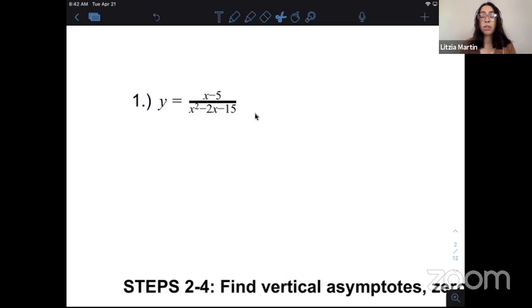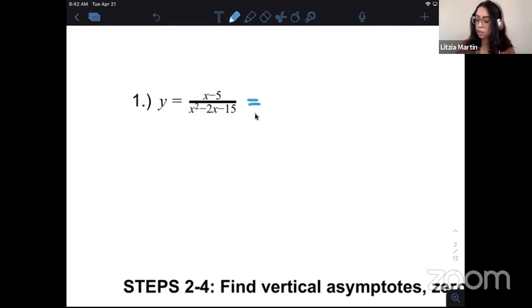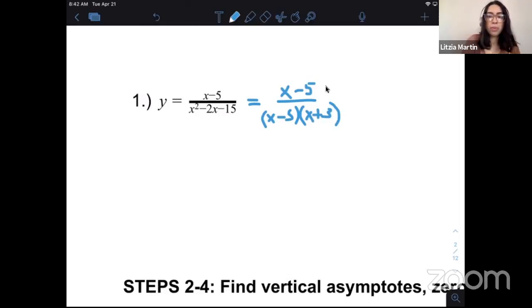The top is already as simplified as it can get, but the denominator we can break down: we've got x and x, and 5 and 3, but we want negative 2, so negative 5 and positive 3.